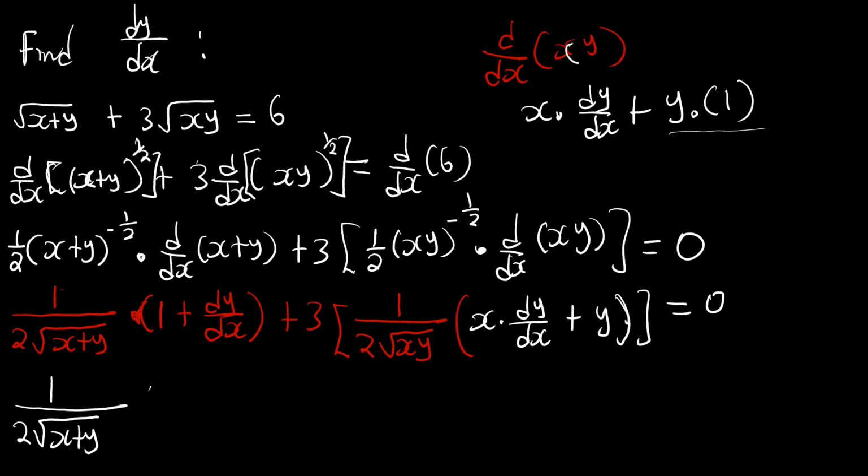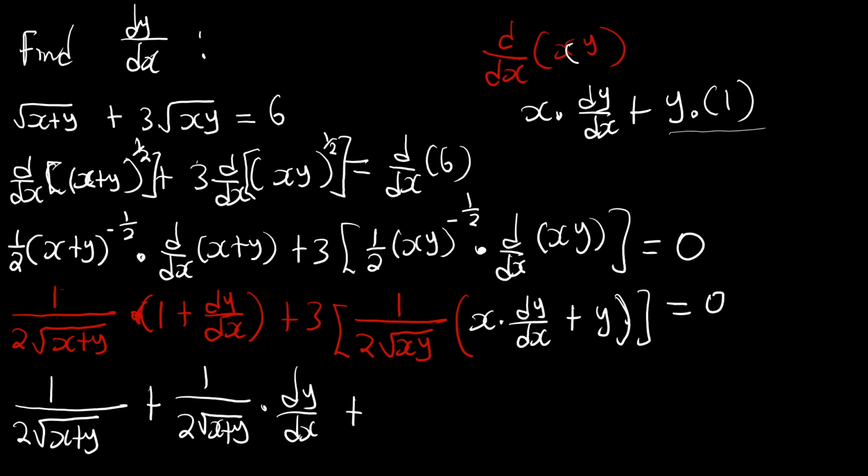Again, plus, it is going to multiply dy over dx, so it will be 1 over 2 root of (x + y) multiplied by dy over dx. Then plus, we also multiply with 3, so 3 multiplied by 1 over 2 root of xy will be 3 over 2 square root of xy.